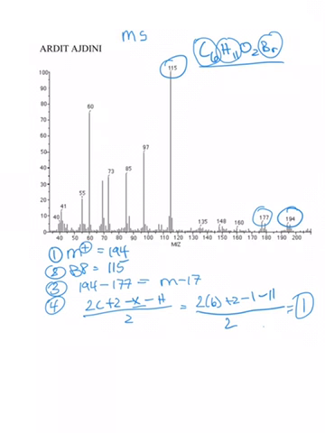So the degree of unsaturation turns out to be 1, which means that we could potentially have a pi bond, or we will have a pi bond in our structure of this formula. It is also important to note that we do have a bromine in our chemical formula, so that's also something we need to keep an eye out for as we move forward in this analysis.